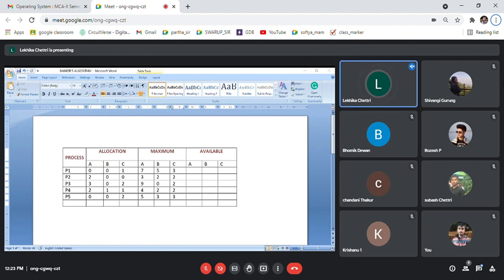So the resource allocation graph that we discussed yesterday is very efficient, but there is one small problem with it. That is, when the number of resources increases, the number of processes increases, and most importantly, if there is a particular resource, and this resource has various instances. For example, if the resource is a printer and it has 10 instances, that means there are 10 printers in the network.